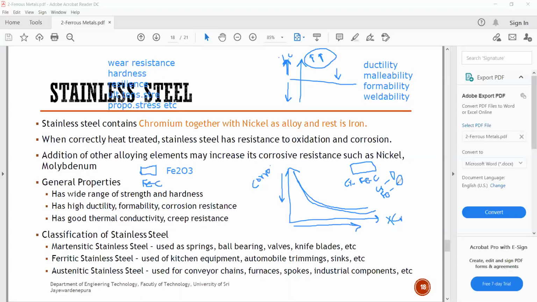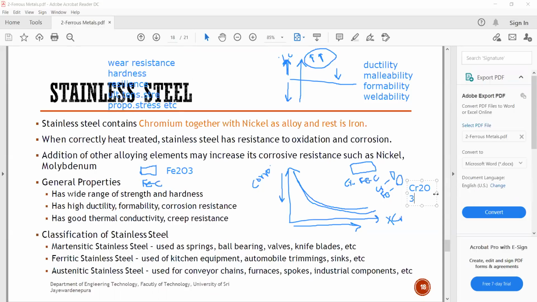In this case, the chromium and the iron are reacting with oxygen. Chromium has a stronger reaction with oxygen than iron does. So chromium easily reacts with oxygen, and therefore it forms chromium oxide, right?